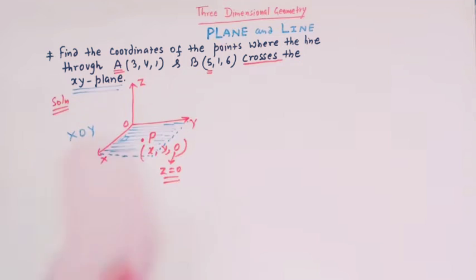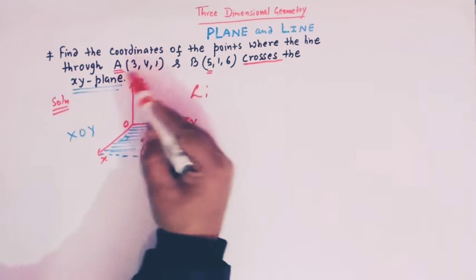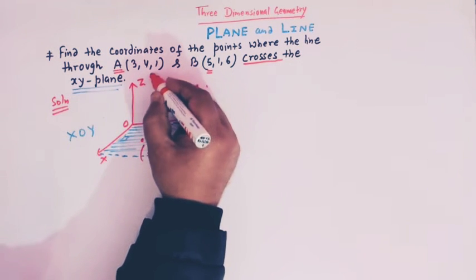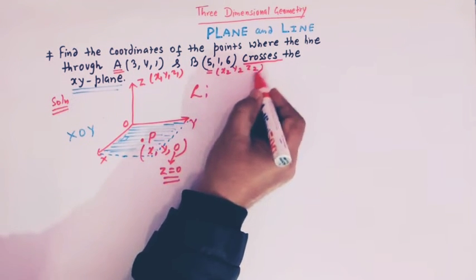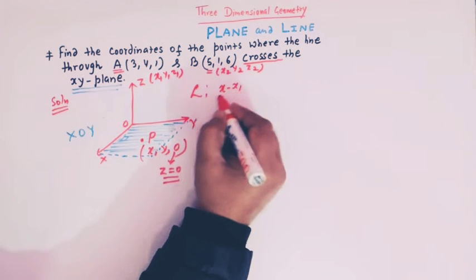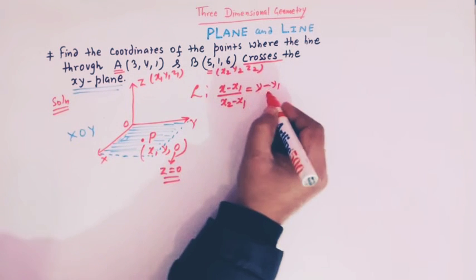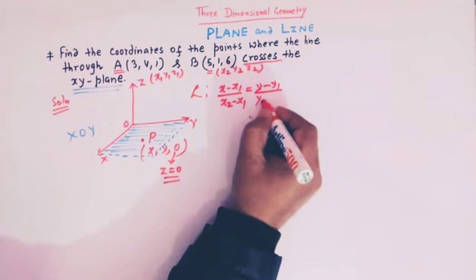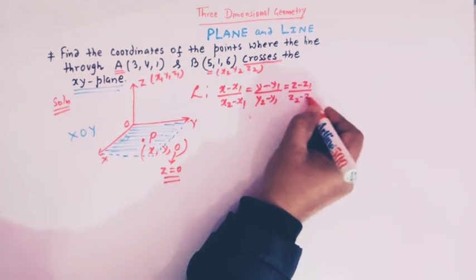So let us start. We have a line which is passing through these two points, and we know that the standard equation of a line which passes through two points, say (x1, y1, z1) and (x2, y2, z2), is given by (x minus x1) over (x2 minus x1), (y minus y1) over (y2 minus y1), and (z minus z1) over (z2 minus z1).